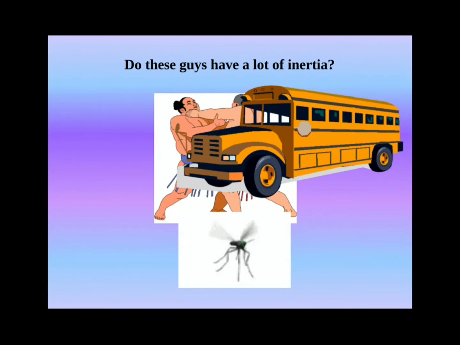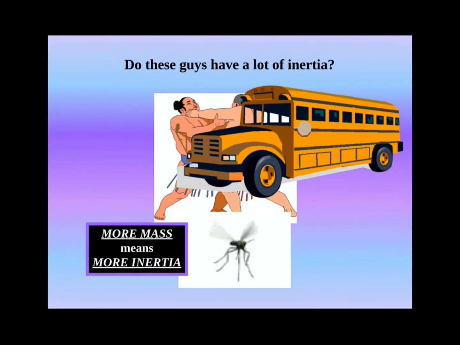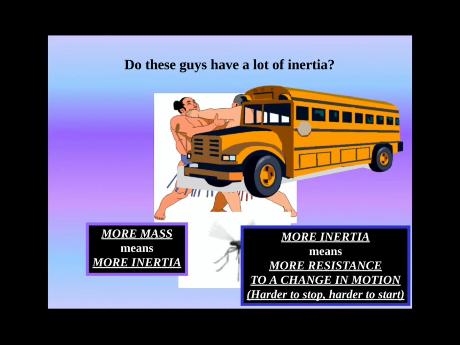The bus has a lot of inertia, but a mosquito with not a lot of mass does not have a lot of inertia. So more mass means more inertia, and more inertia means more resistance to a change in motion. So it's harder to stop or harder to start.